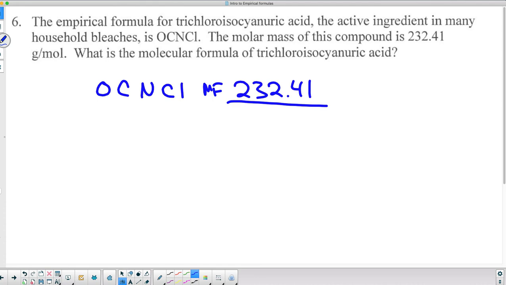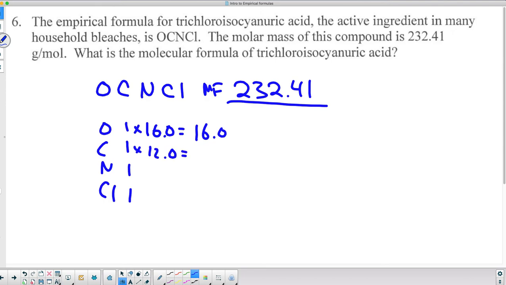Now, here's the empirical formula. I have 1 oxygen, 1 carbon, 1 nitrogen, and 1 chlorine. So 1, 1, 1, 1 like this, times 16.0, times 12.0, times 14.0, and times 35, which I round off to 35.5.